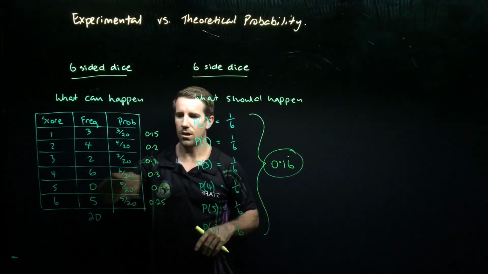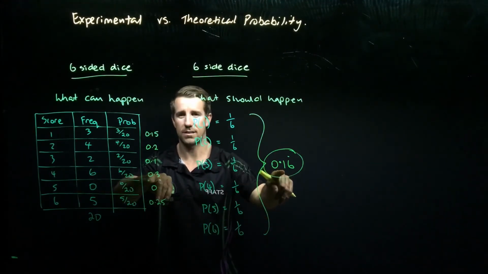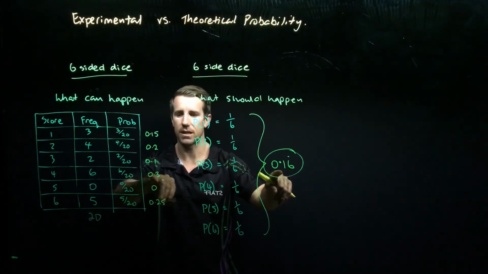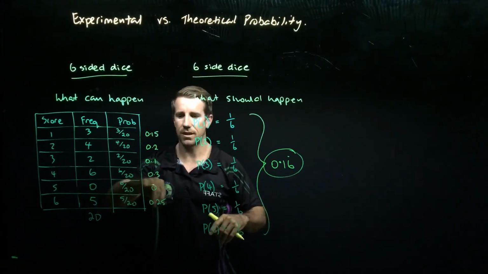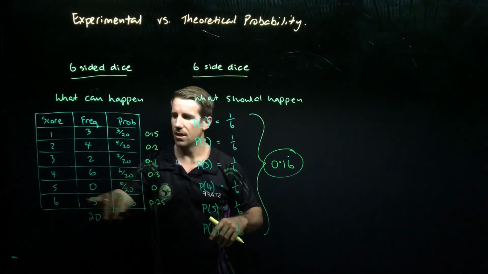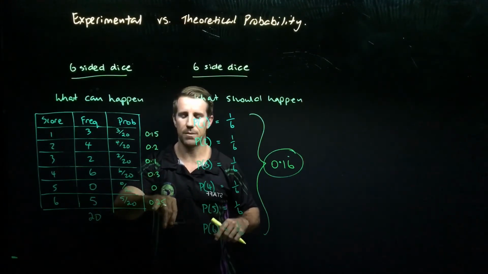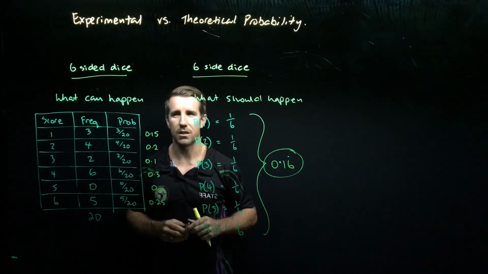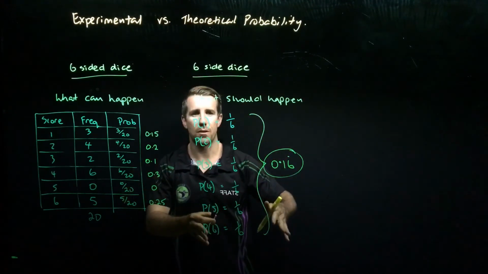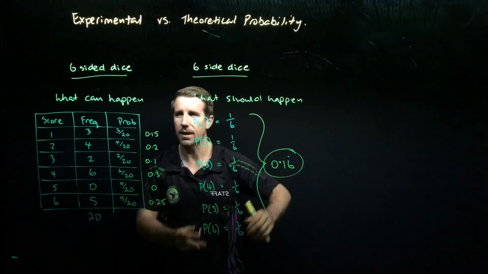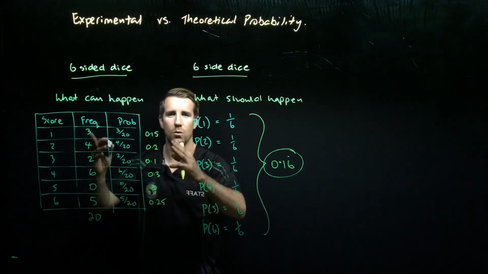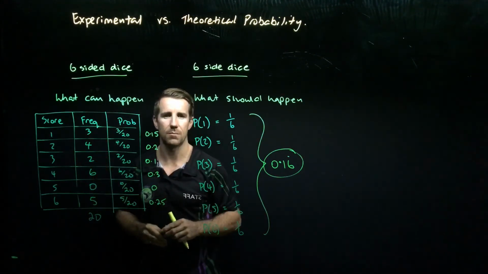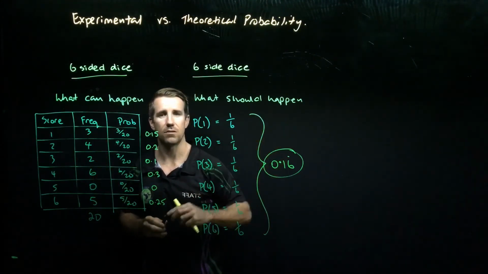A 4 was 0.3, nearly twice the chance of it happening theoretically. Poor old 5 didn't even get a look in, it had a probability of 0. And the probability of rolling a 6 came out at 0.25, which is significantly higher than this one here as well. So again, theoretical probability is what should happen, experimental probability is what can happen, and we've just seen that it can be very different to the theoretical side of what should happen.